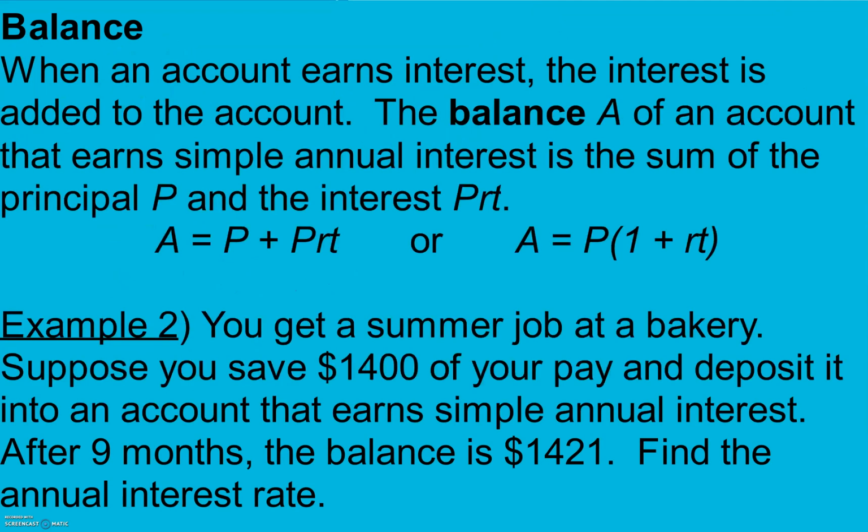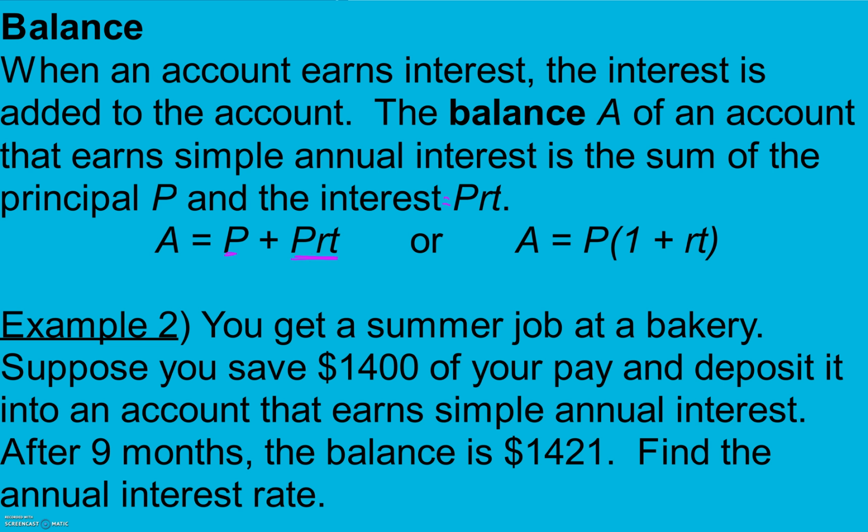When an account earns interest, the interest is added to the account. So the amount of money we put in plus the interest earned. The balance, A for account balance, of an account that earns simple annual interest is the sum of the principal and its interest. And remember, interest equals PRT. So here we have our principal amount plus principal times rate times time.